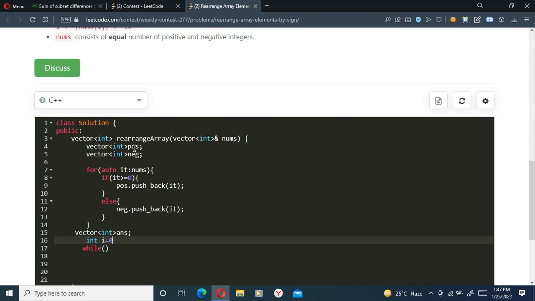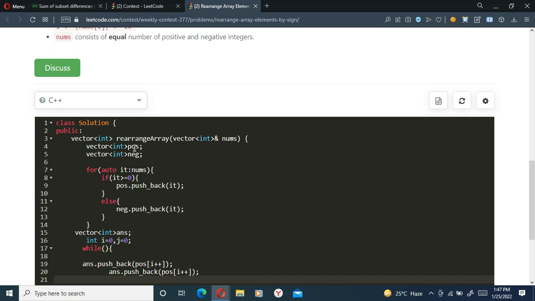Two pointers, i equals 0 and j also equals 0. I will just put in the elements one by one: answer.push_back positive of i++, taking the positive value, and then negative of j++, taking the negative value.